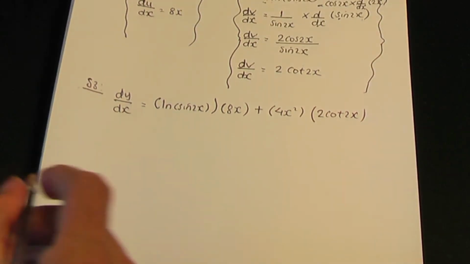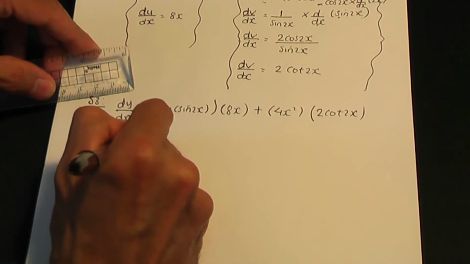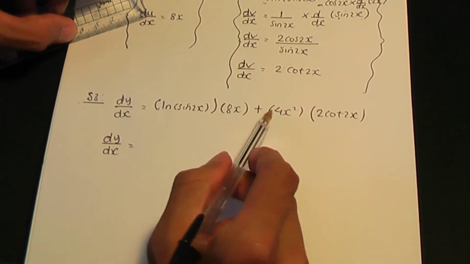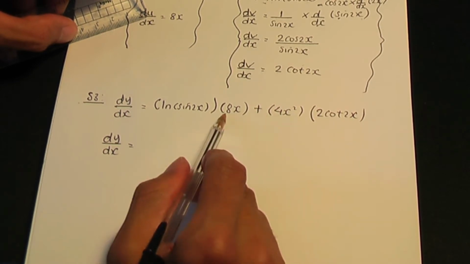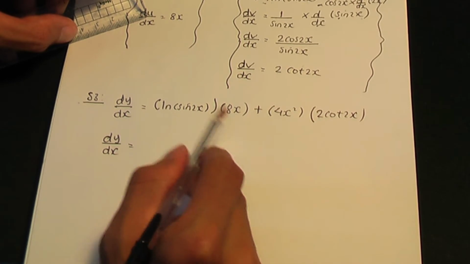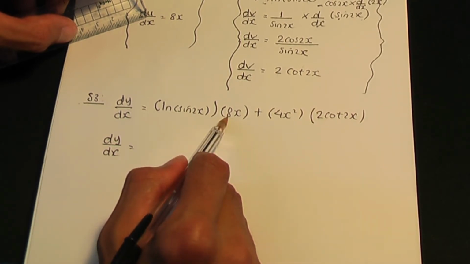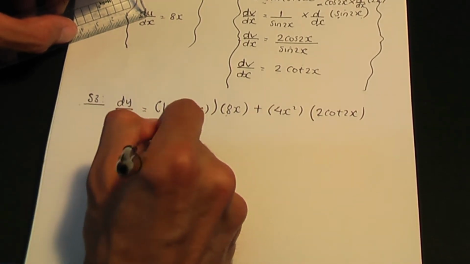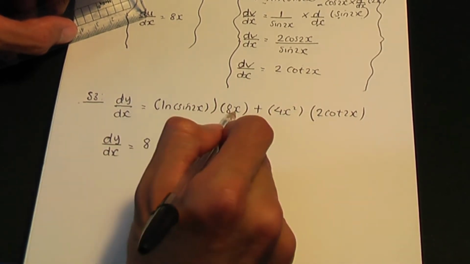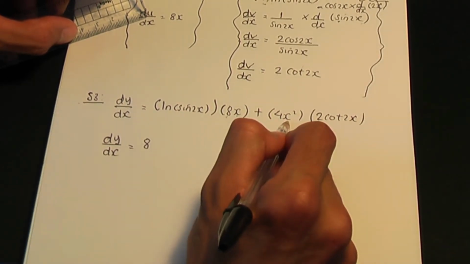Okay, so let's tidy this up. So dy over dx will be, now I'm going to take out a common factor, so I have a 4 times 2, which is 8. I also have an 8 which is common over here also, so let me take out an 8 as a common factor. Also I have an x and an x squared term.